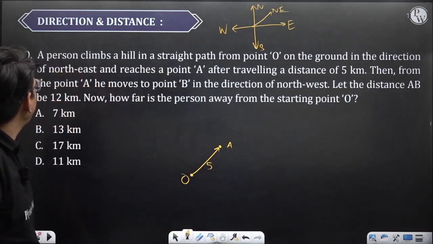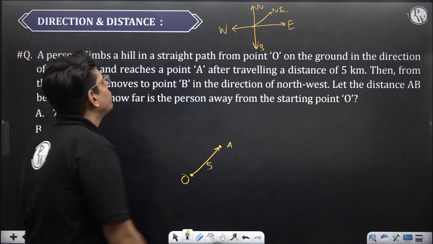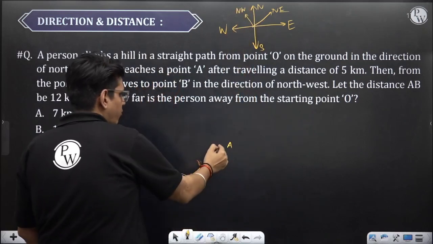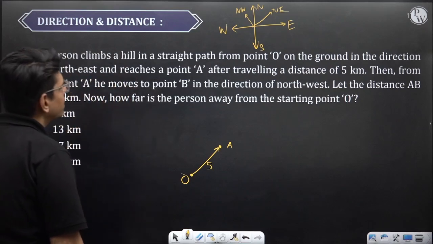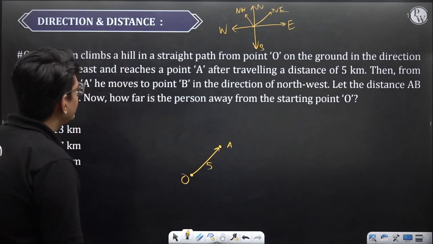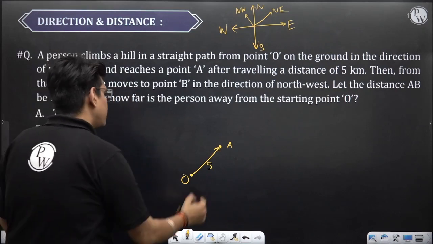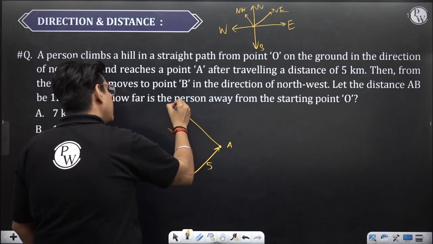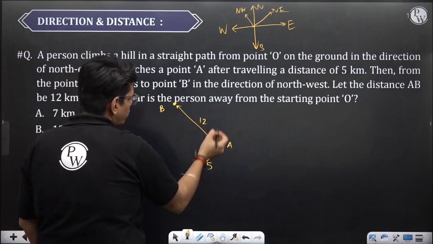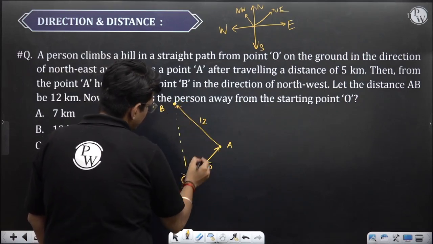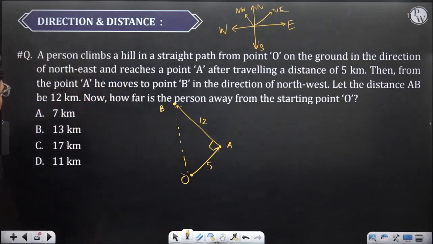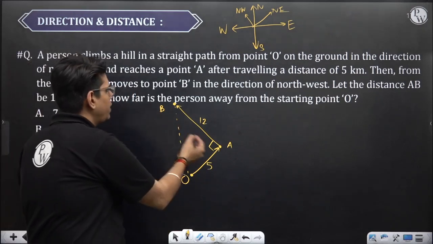Then from point A he moves to point B in the direction of northwest. This is your northwest. So now from here he will take the northwest direction. Let the distance between AB be, right? This is point B and it is given that this is 12. This will be 90 degrees, right? Then from point B, how far is the person away from the starting point? So we need to find OB.